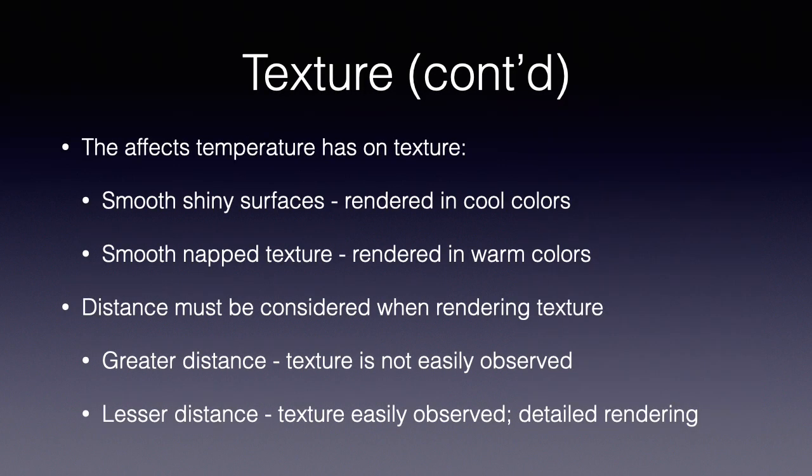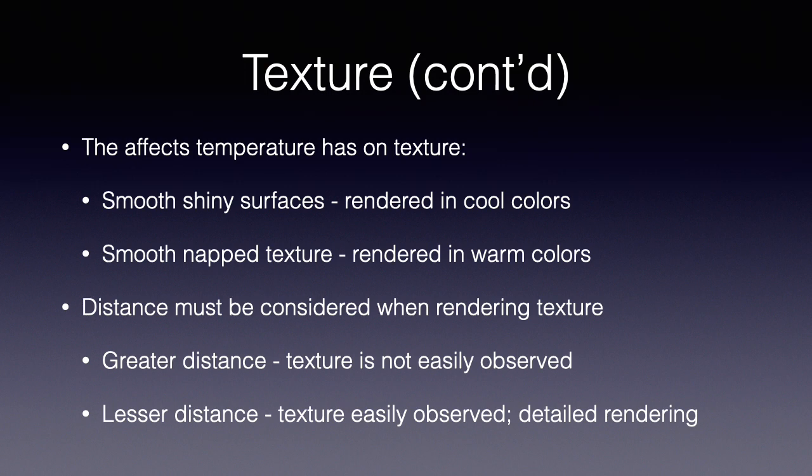So what effects does temperature have on texture? Typically, cooler colors are going to be used when rendering smooth, shiny surfaces. So you'll see your cooler colors like your greens and your blues, those cooler tones, rendered for smooth and shiny surfaces.